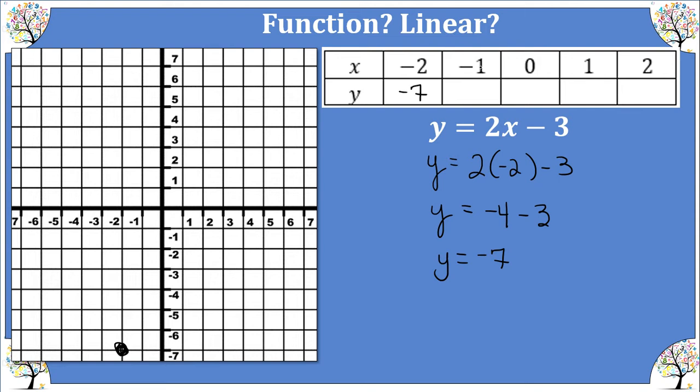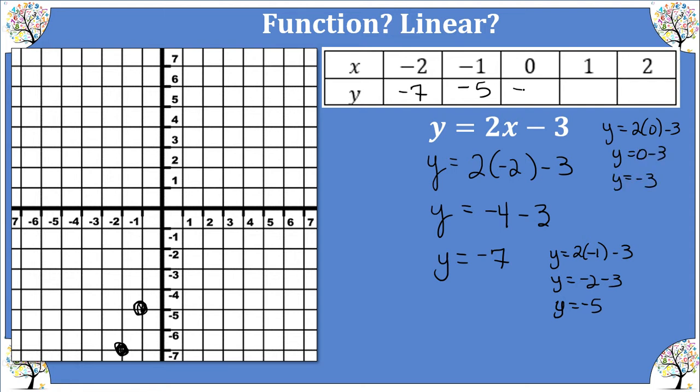Now we're going to input -1. So we have y equals -2 minus 3. And so the output value for when x is -1 is -5. So -1, -5. Then we're going to put in 0 for x. 2 times 0 is 0 minus 3. I get y is -3. So we're going to plot 0, -3.